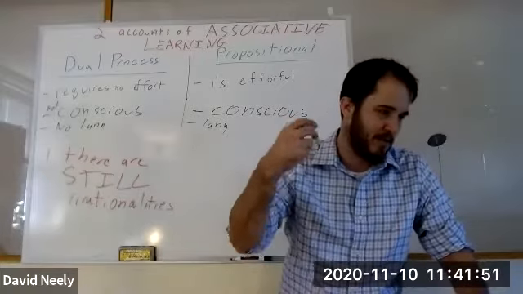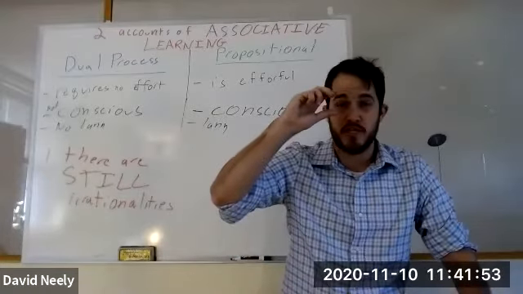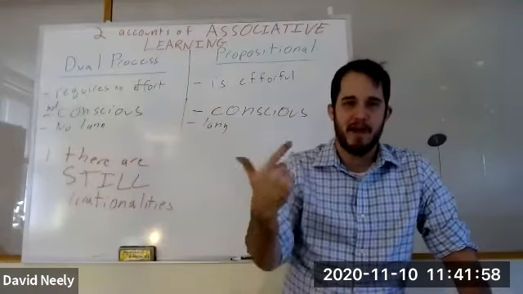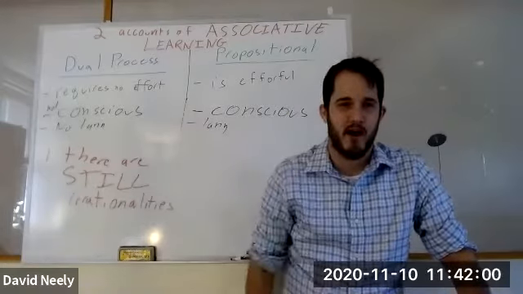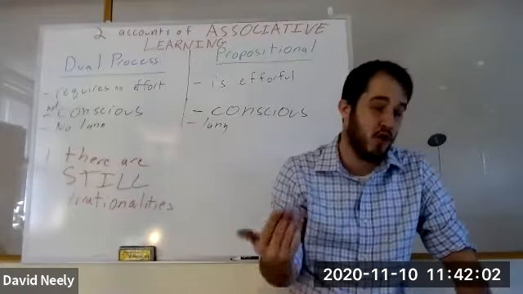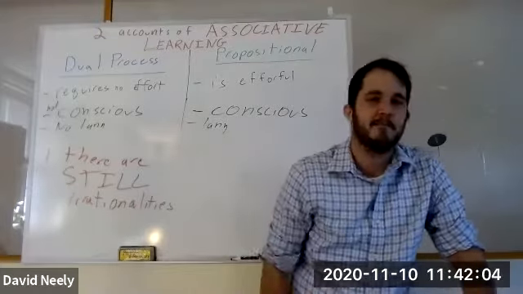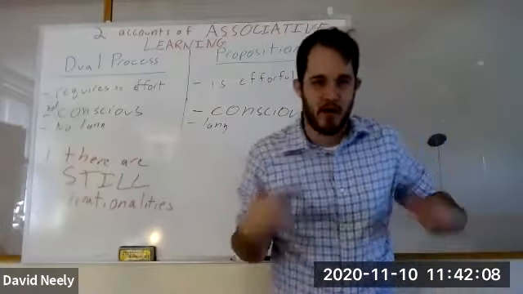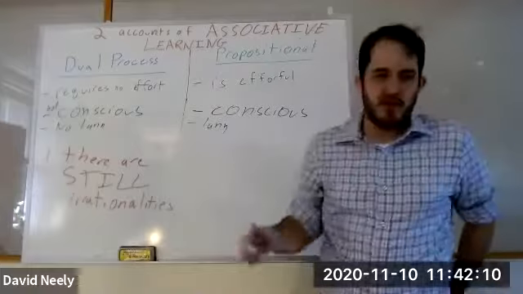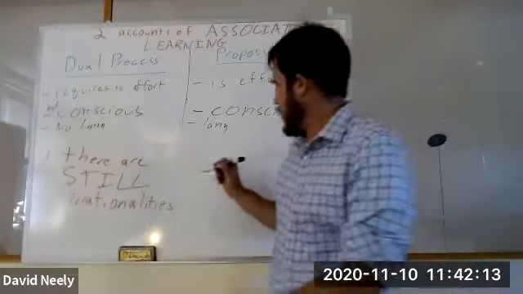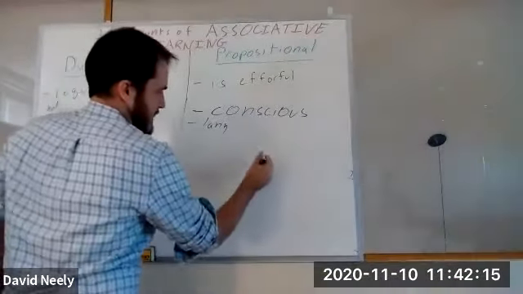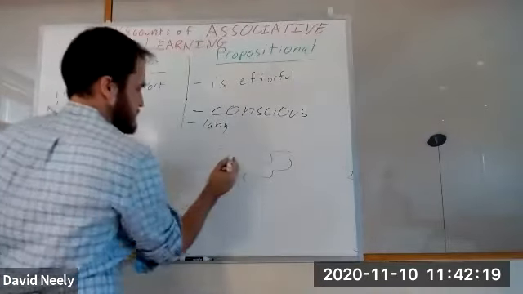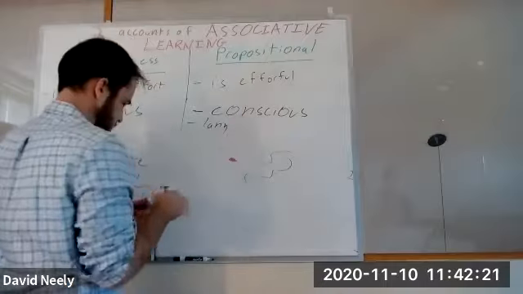So the way this experiment worked is you just put a little puff of air on the eyeball. Anytime that happens, if you expect it to come, you're going to flinch and close your eyes. Like if I know you're about to blow in my face, I'm going to close my eyes. So you put a little puff of air in front of someone's eye, and you associate that with a tone. So here's the eyeball, here's the wind, and at the same time, there's a tone.